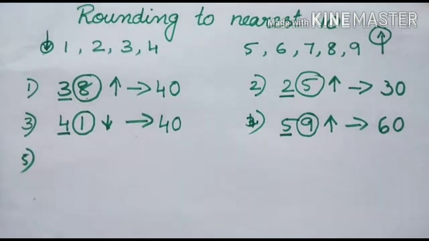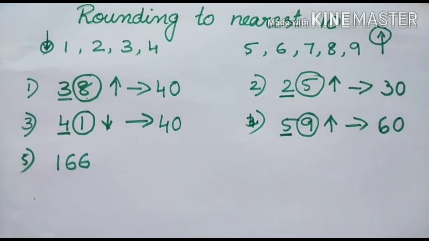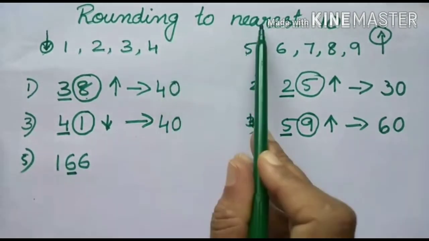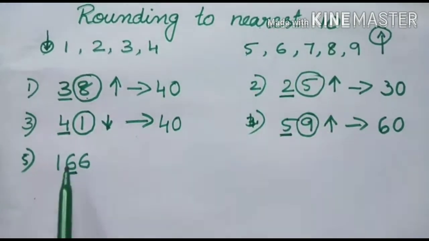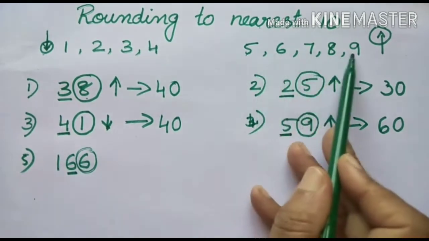Fifth example, 166. Okay. Underline the number in the tens place because we have to round it to the nearest 10 and look at the ones place. In the ones place it is 6. That is greater than 5.